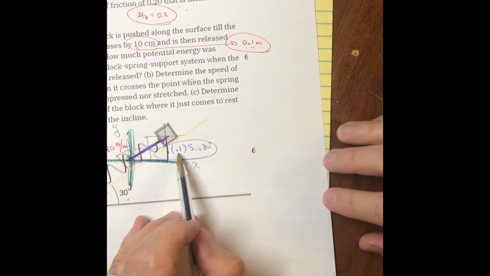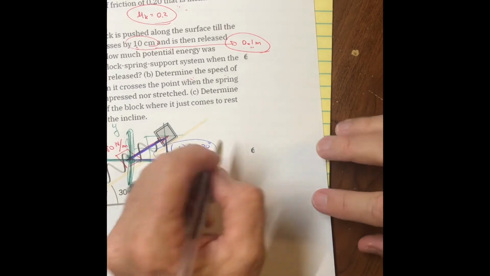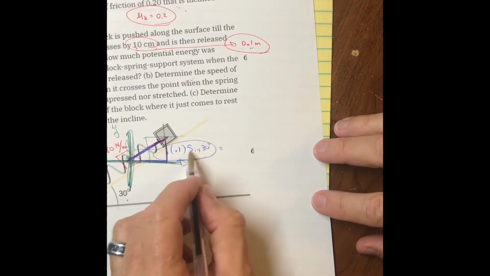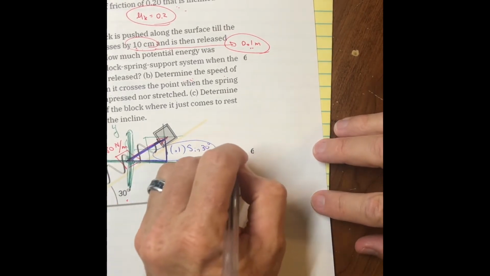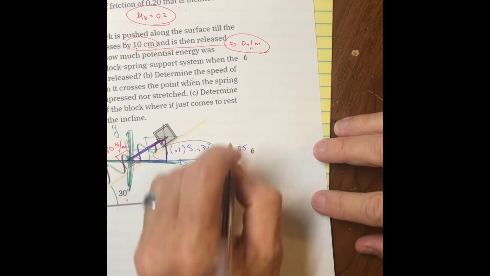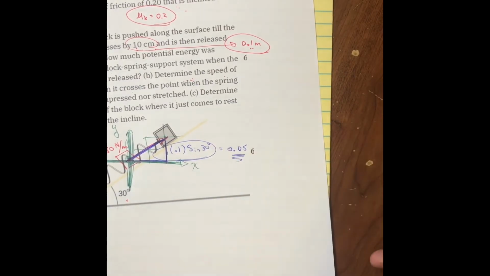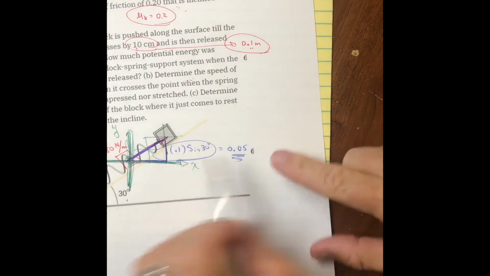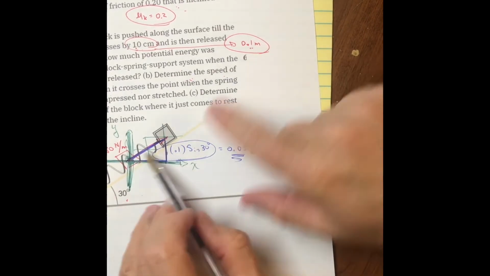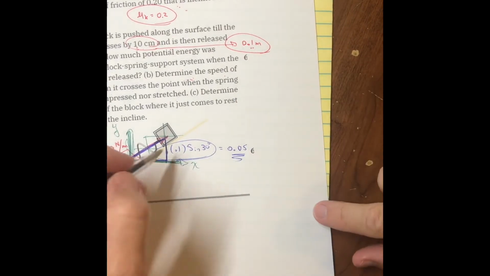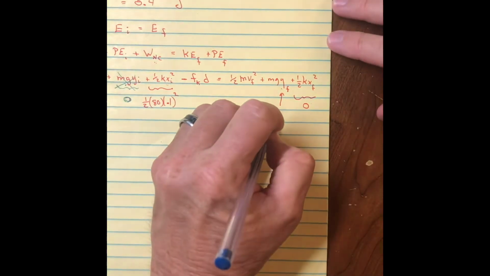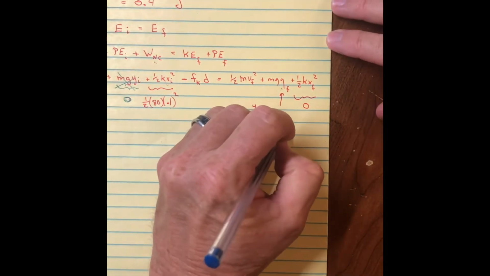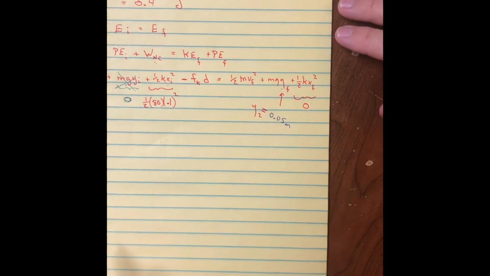So its height would be 0.1 times sine 30. And sine 30 is a half. So this would be 0.05 for how high it goes. So I can take advantage of the angle and the distance of the spring in order to figure out how high it goes. And that's what I'm going to need right here.